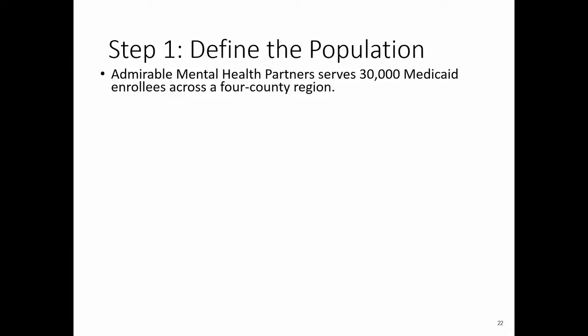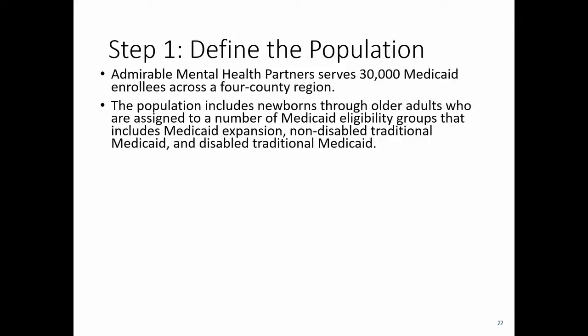And so I'm going to use an example called the Admirable Mental Health Partners. In this example, they have 30,000 Medicaid enrollees across a 4-county region. The population includes newborns through older adults who are assigned to a number of Medicaid eligibility groups that include Medicaid expansion, non-disabled traditional Medicaid, and disabled traditional Medicaid.